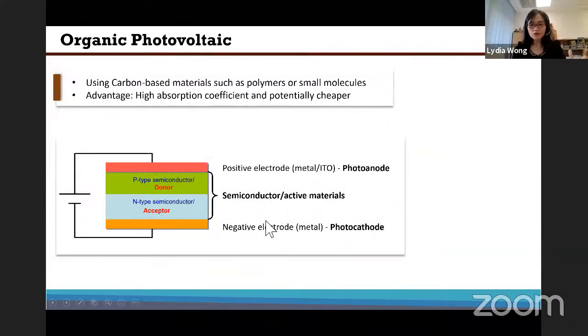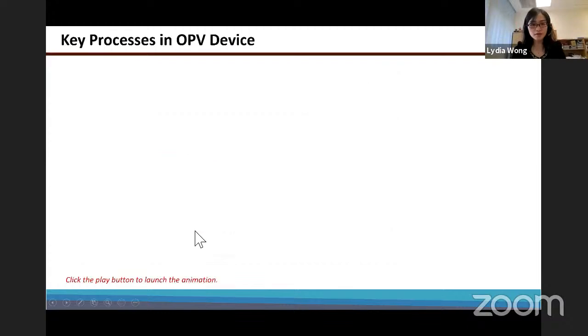So organic photovoltaic also has a similar configuration, a similar architecture as a silicon solar cell. You have P-type material, N-type material, but for organic semiconductors, people call this donor material. N-type semiconductor is called acceptor. And then it is also sandwiched by a positive electrode and a negative electrode.